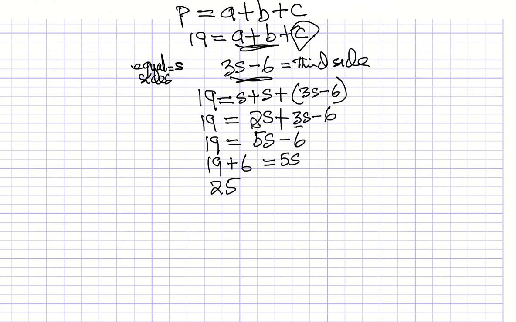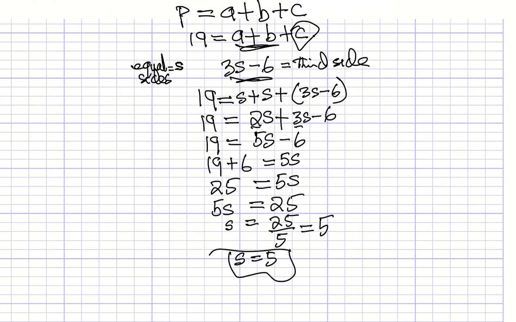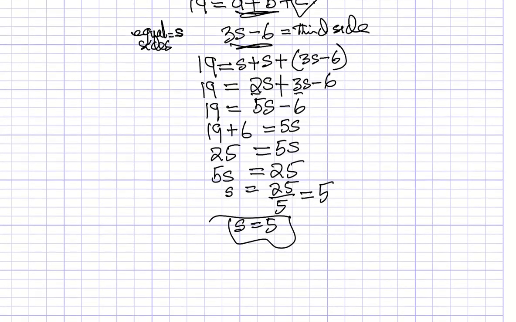We get rid of 5, so S is equal to 25 over 5. You divide 25 by 5, you get 5. So the equal side is 5. That's all it is saying. If the equal side is 5, right?